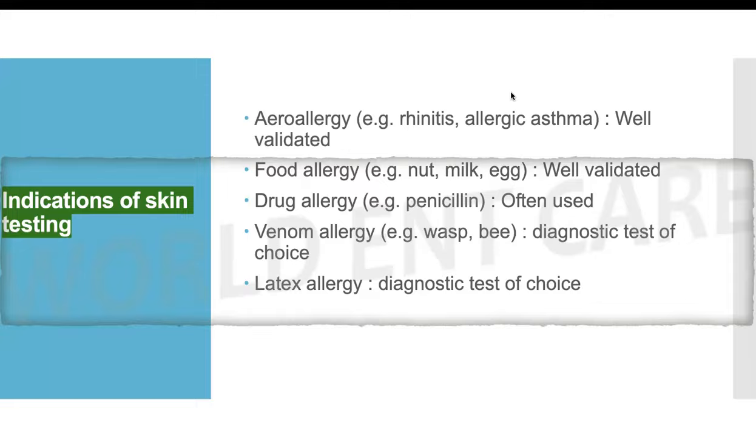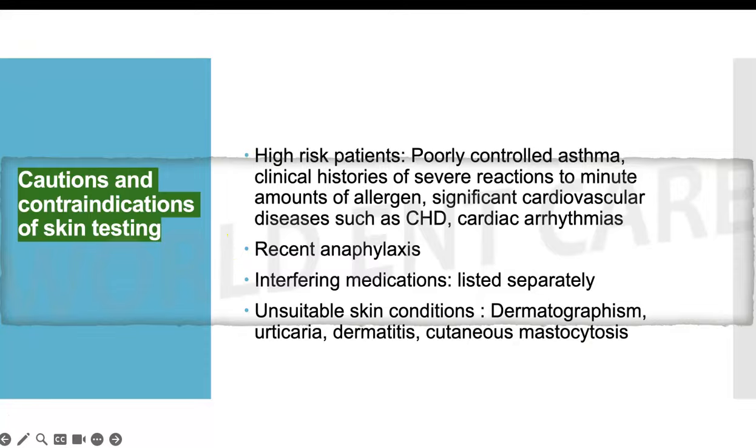For food allergies like allergies to nut, milk and egg, it is also well validated. For drug allergy like penicillin, it is often used. For venom allergy, like wasp and bee, it is the diagnostic test of choice. And for latex allergy also it is a diagnostic test of choice.